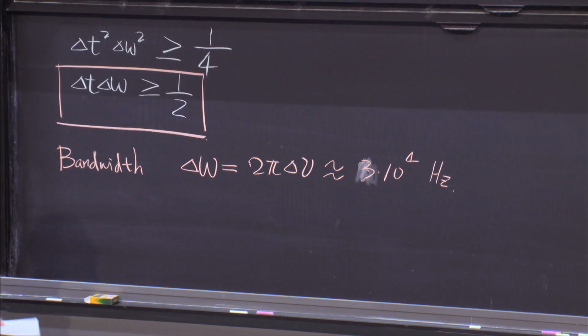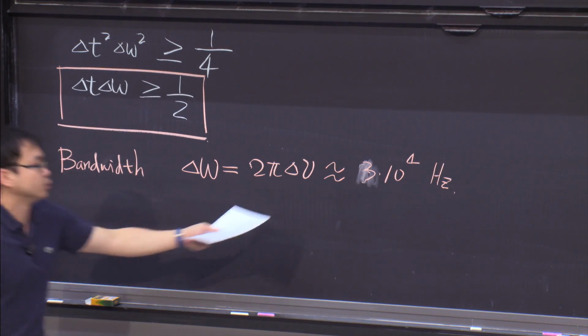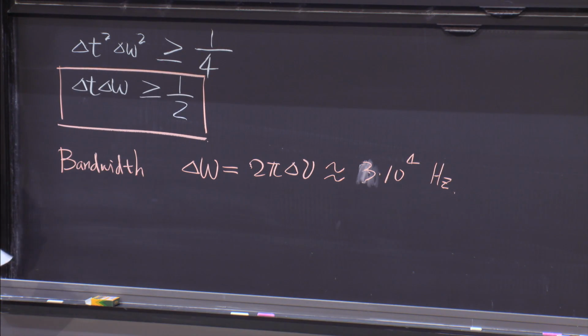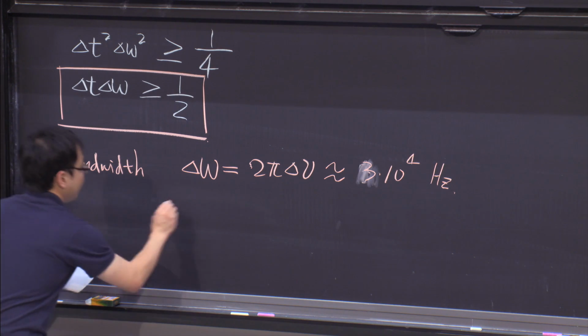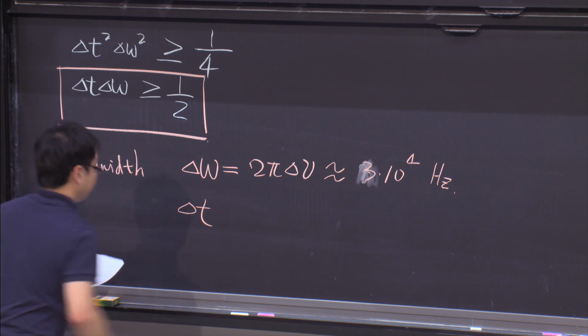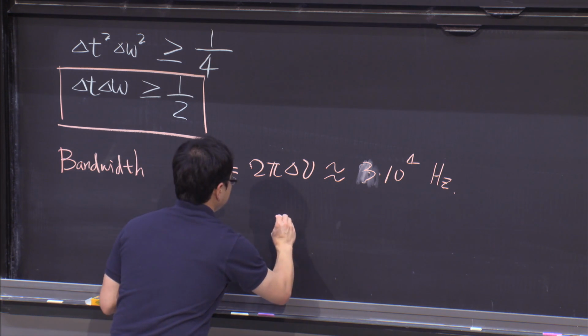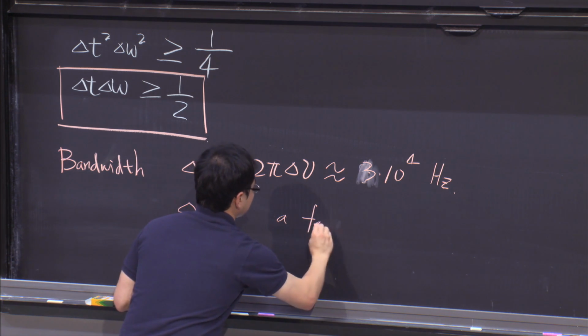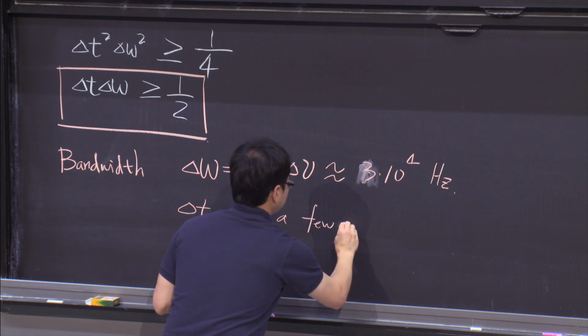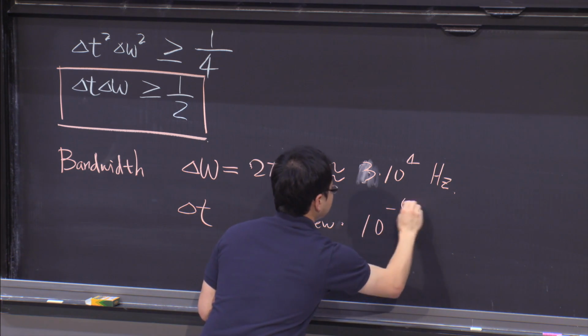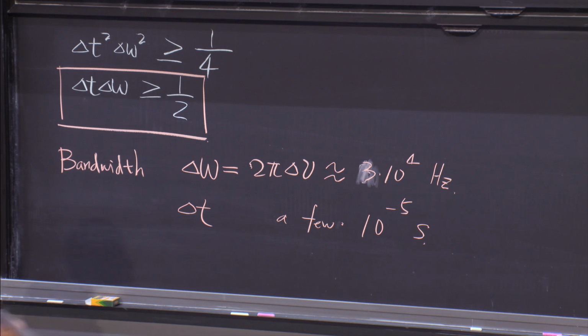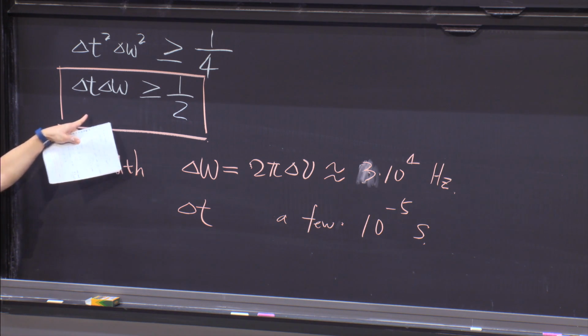So if I have some kind of bandwidth, which is roughly this band, I can now immediately calculate what will be the resulting delta t. The resulting delta t will be a few times 10 to the minus 5 seconds, based on this equation.